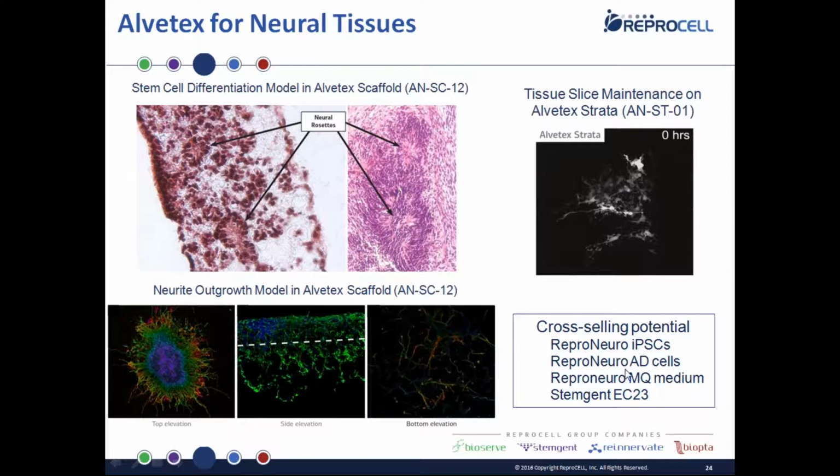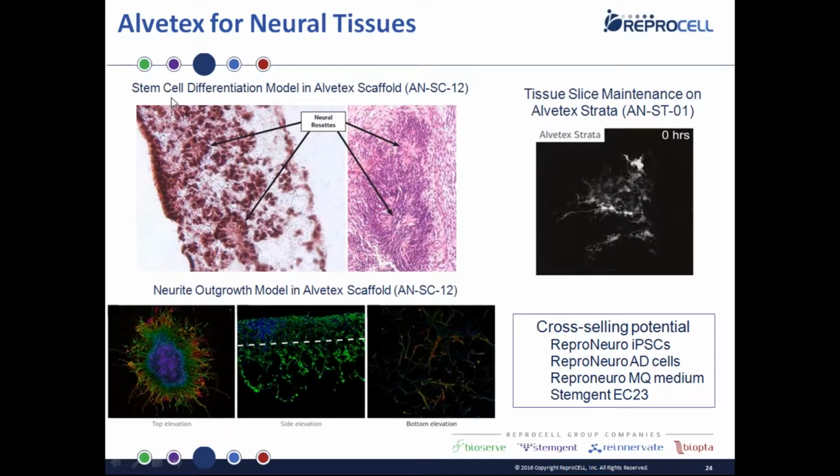They also have Alzheimer's diseased cells. Again, very good models because the controls are available, so they might be interested in that. In some territories, the medium for growing the cells is available. And finally, we have a molecule which we developed here at Reinnervate, TC23, which is now available through Stemgent. And this is a very good differentiation-inducing molecule.